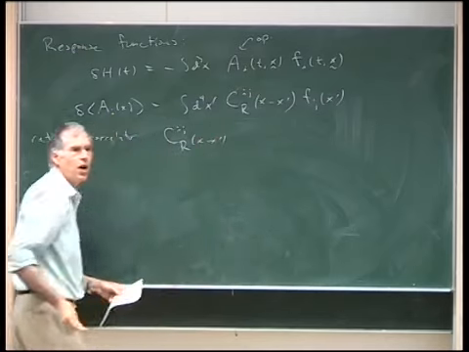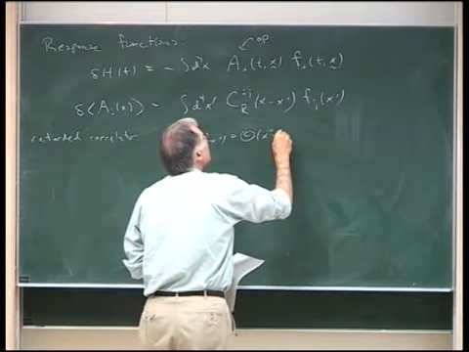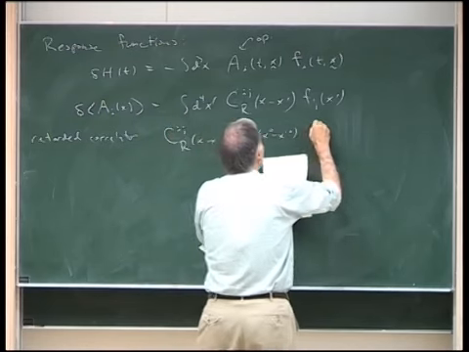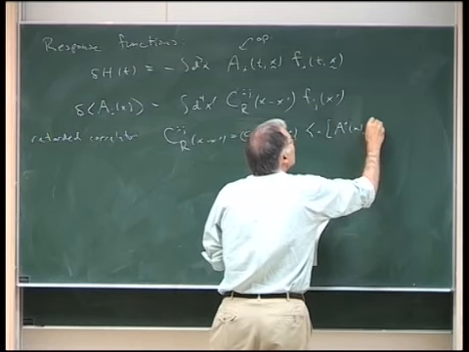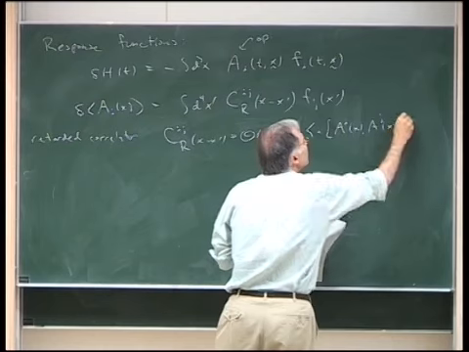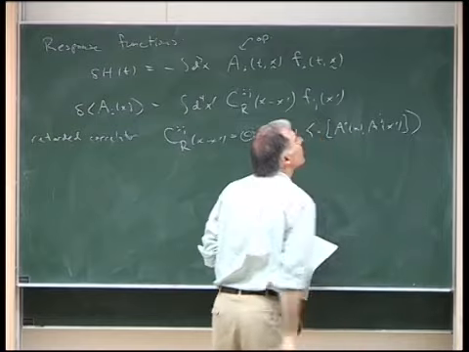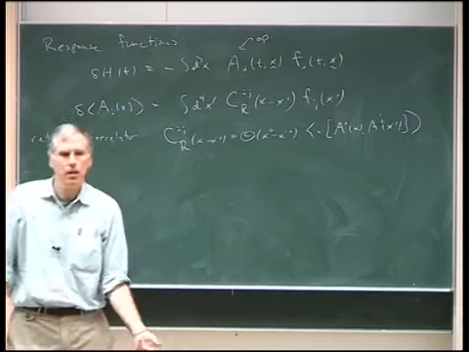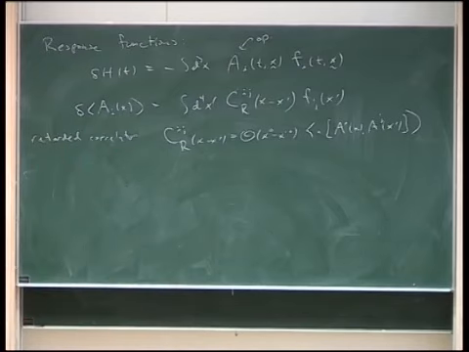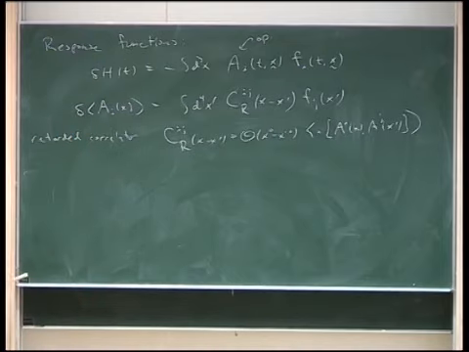So the capital R is just a reminder for retarded. And this correlation function you're now supposed to evaluate in the unperturbed theory, where you didn't have this perturbation turned on.